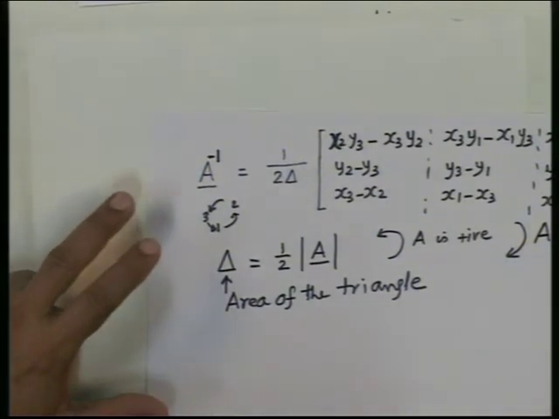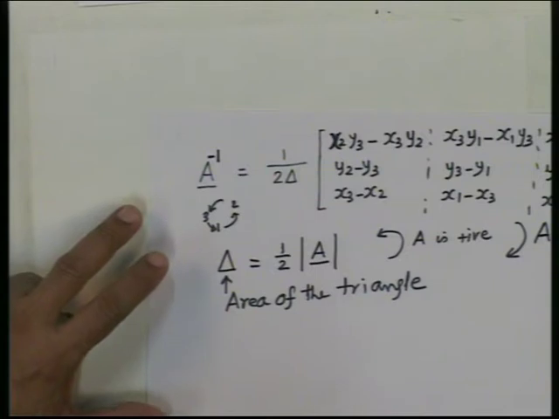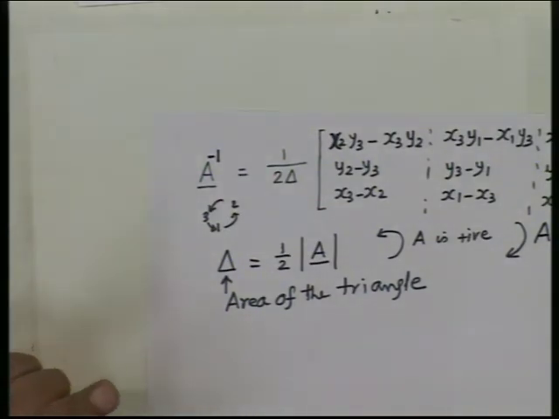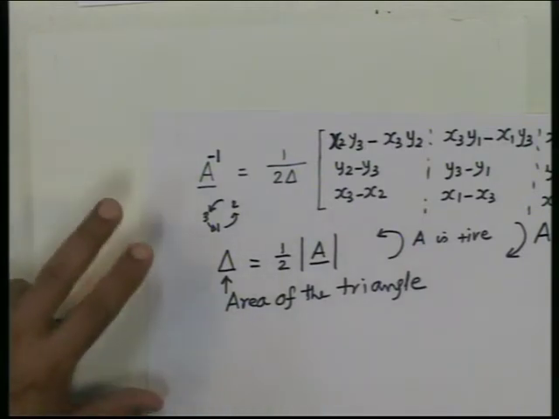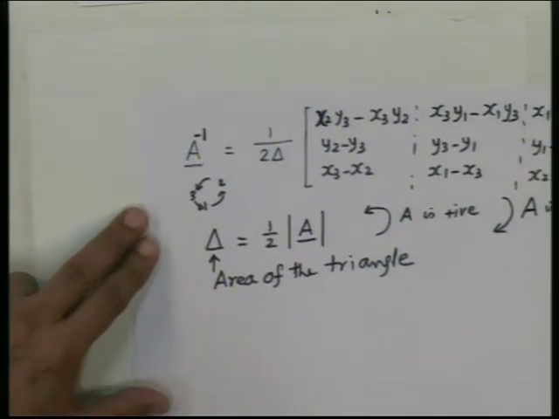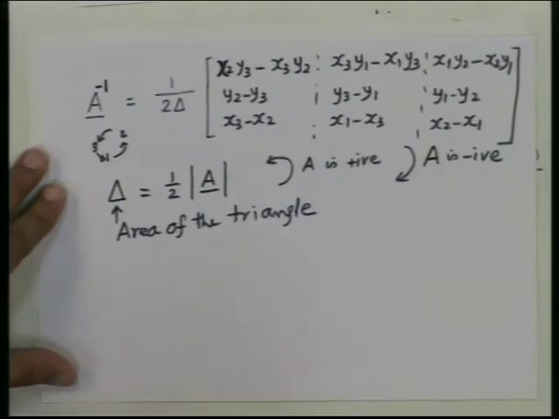So that is why it is important to follow a sign convention. We always follow the anti-clockwise order 1, 2, 3. You cannot change the order in between, so do not change the order.